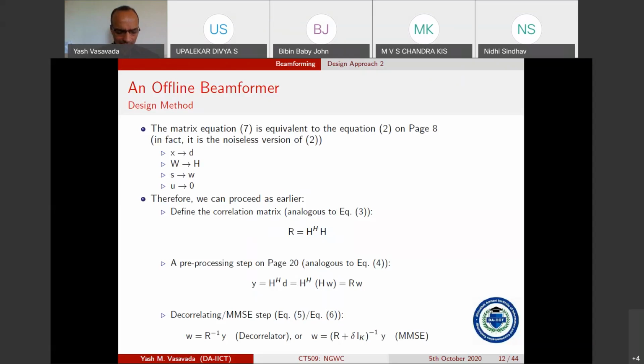So we have considered these two different problem statements, and we have defined the decorrelating algorithm and the MMSE algorithm. Now, what I want to do next is look at two other algorithms which are also very prominent.